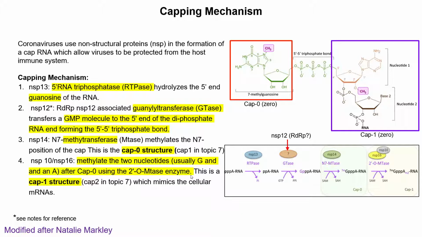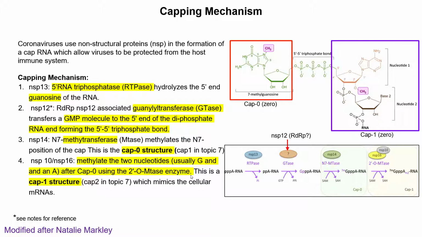Again, coronaviruses will use these NSP proteins to form a cap, which will allow it to be protected from the host immune system. The first one is the NSP13, which contains that RTPase, which hydrolyzes the 5' end of the guanosine of the RNA. Then the NSP12 is associated with a GTase, which transfers a GMP molecule to the 5' end of the diphosphate RNA, which will form that 5' triphosphate bond.